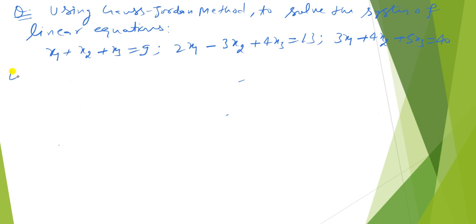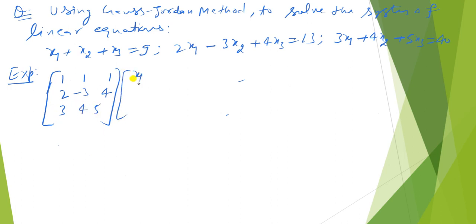So the explanation of this problem. First of all, write the augmented matrix, that is, first write the given set of linear equations in matrix form. So the matrix form is [1 1 1; 2 -3 4; 3 4 5] times [x1 x2 x3] equals [9 13 40].